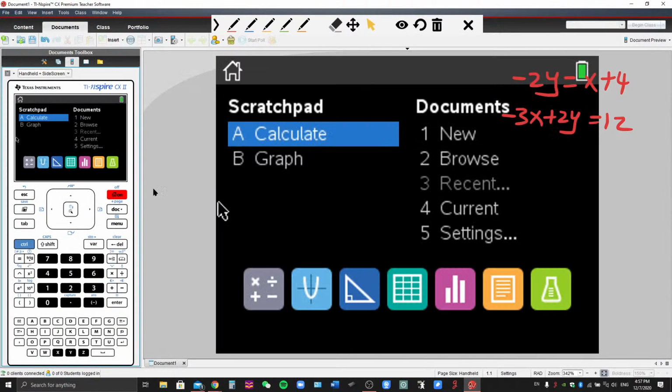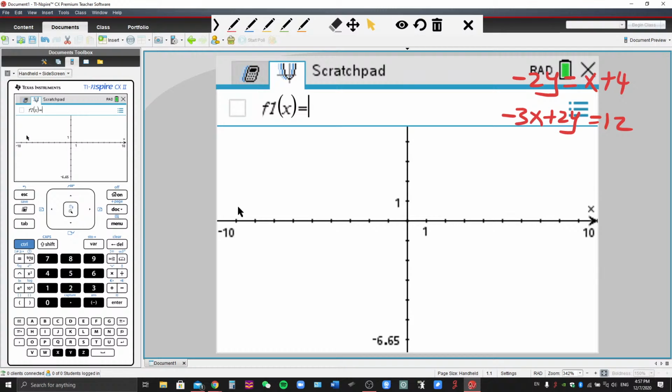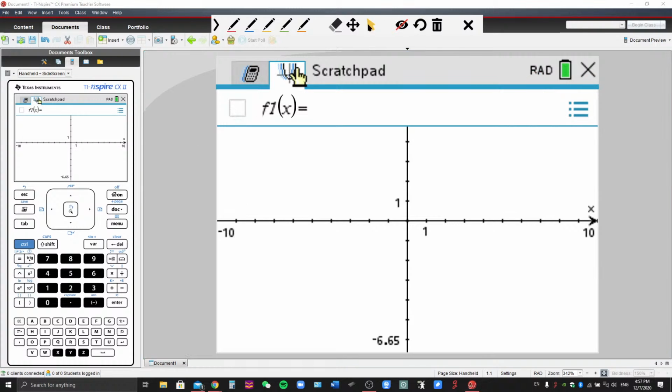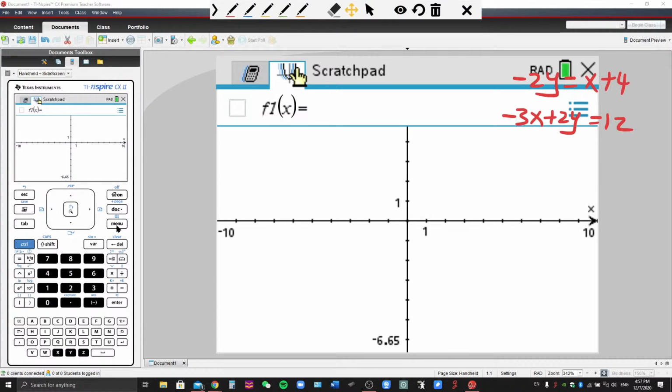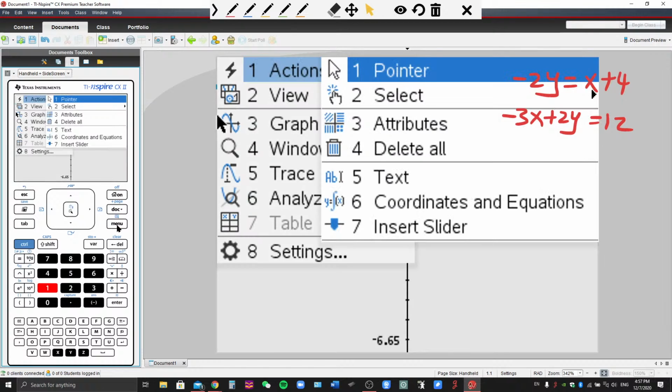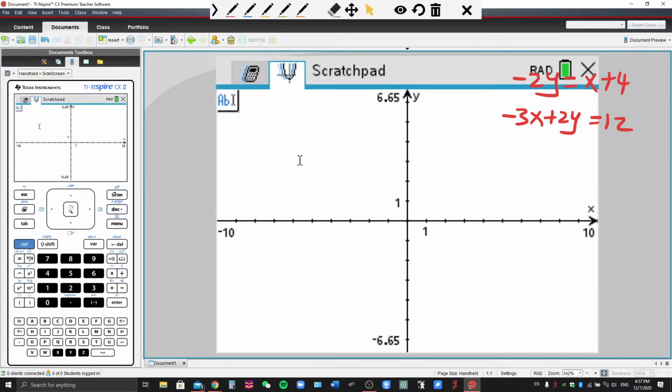Let's go to the home page, graph, menu, action, text. The first one is negative. Remember the negative sign is below 3.